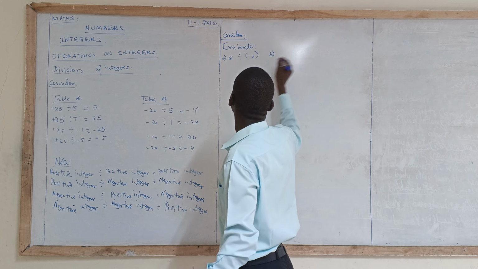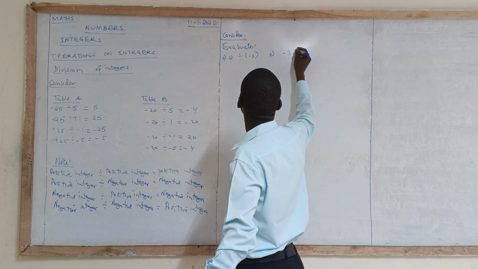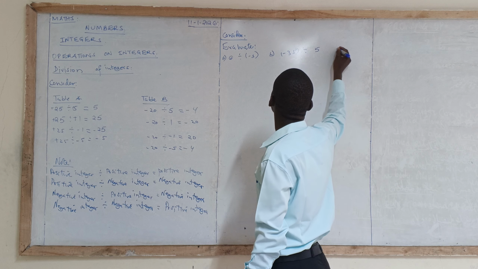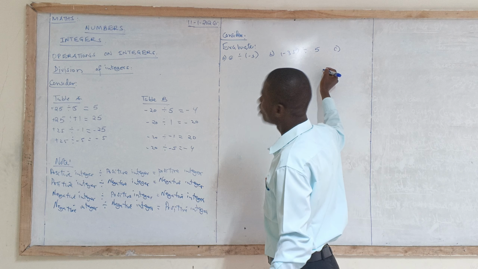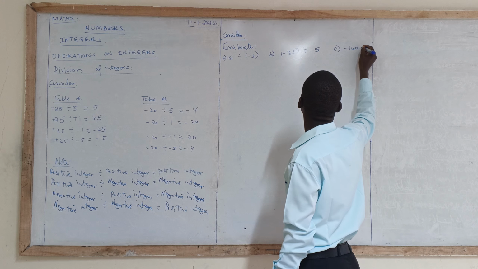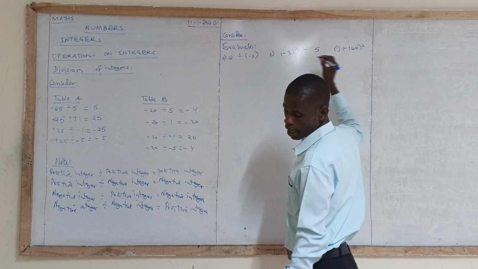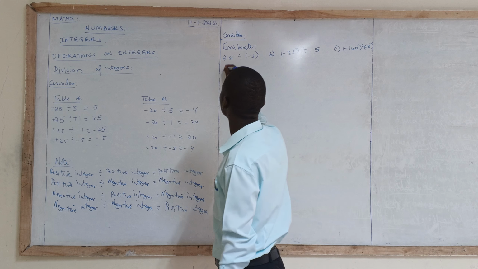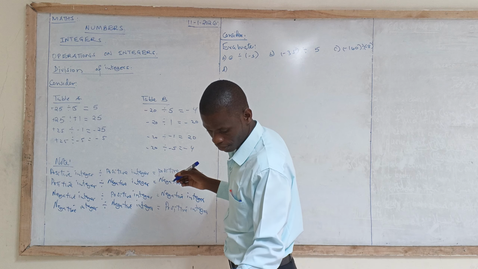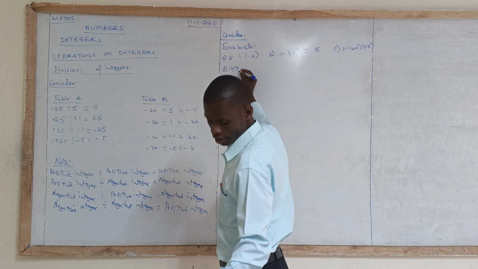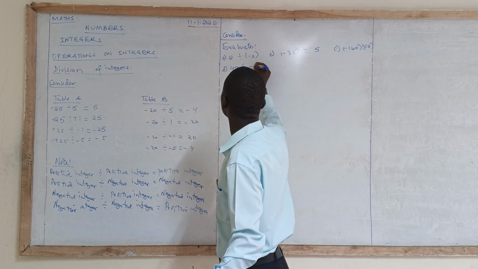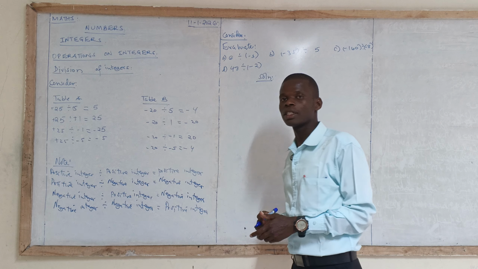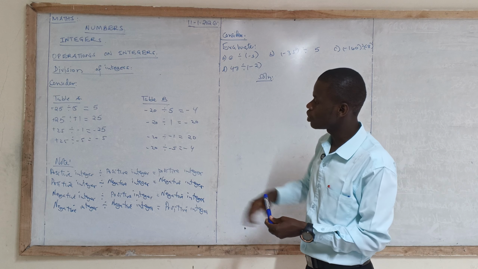B, we have negative 35 divided by 5. C, negative 160 divided by negative 8. Then finally, D, we have 48 divided by negative 2. So, very simple. It's just applying whatever we have noted here.